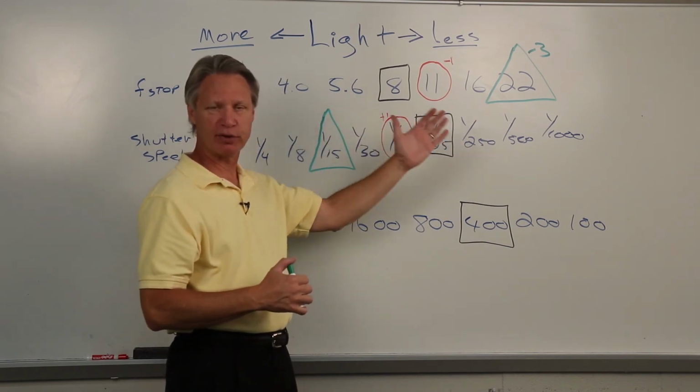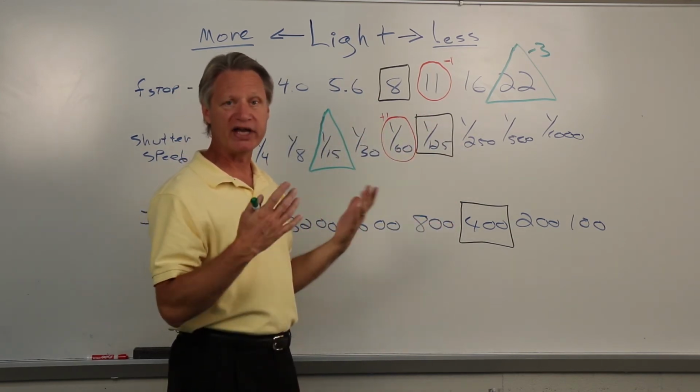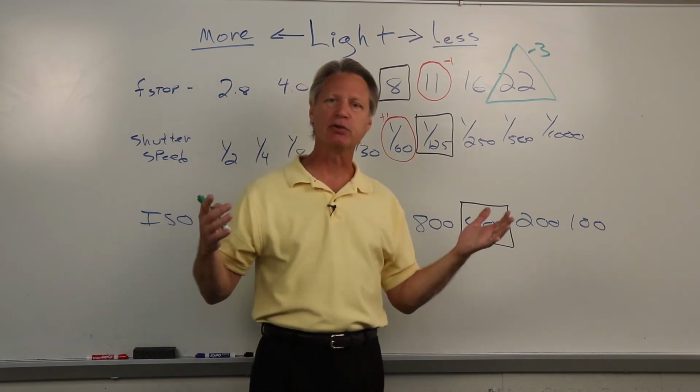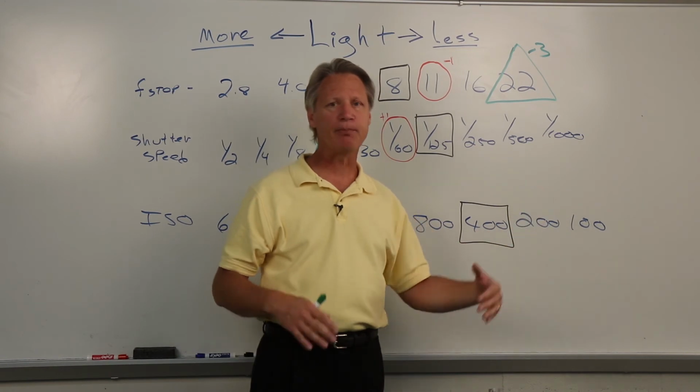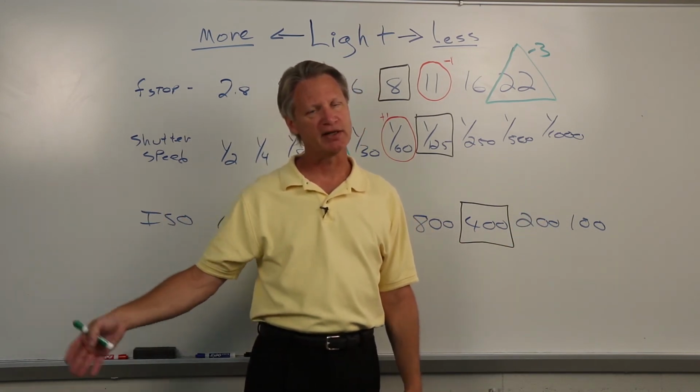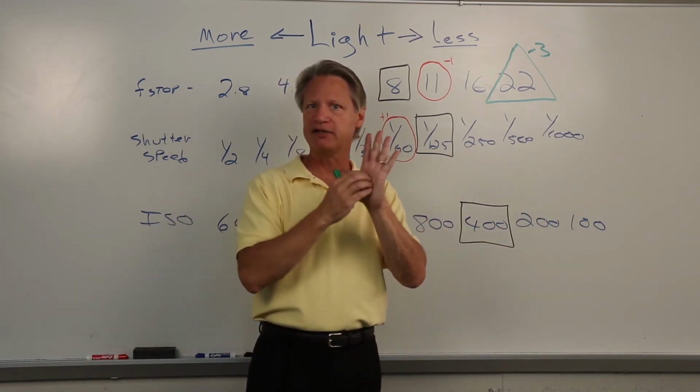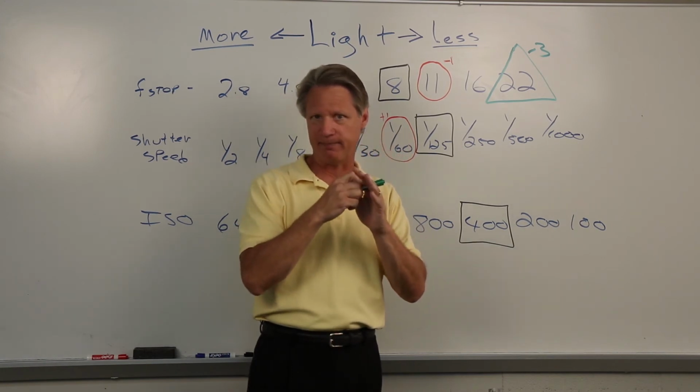Anywhere along this string of numbers on this chart, we can exchange because a stop is equal to 1 unit of light. So if we change 3 stops on our f-stop, we can change 3 stops on our shutter speed. And the total amount of light coming in the camera will be exactly the same.